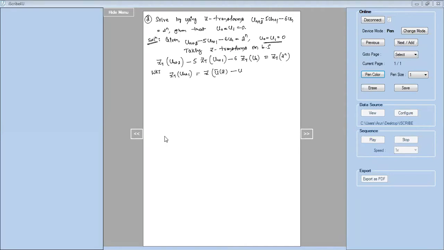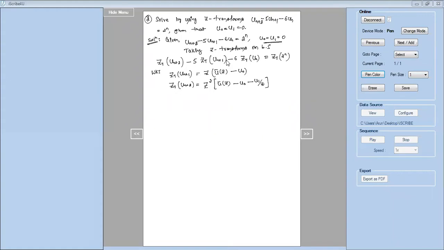So this is the Z transform of u(n+1). Similarly, Z transform of u(n+2). These formulas I already gave in the last class. For u(n+2), the formula is Z squared into u bar of Z minus u0 minus u1 by Z, right? So this is the Z transform of u(n+2).